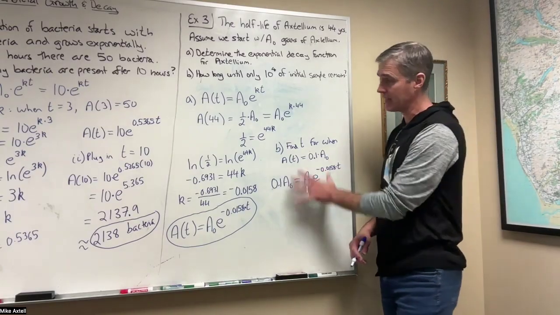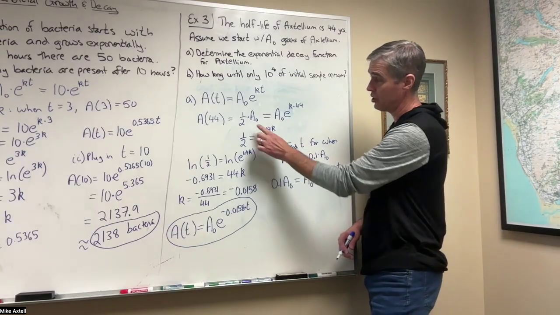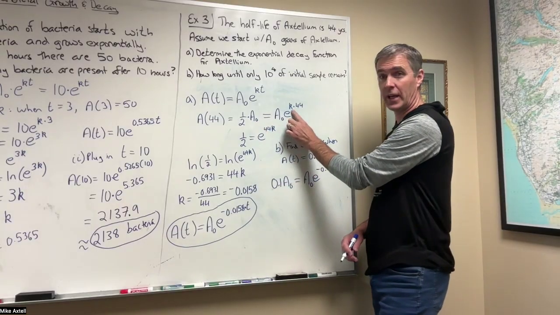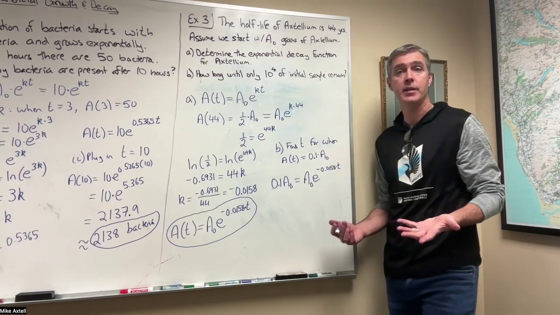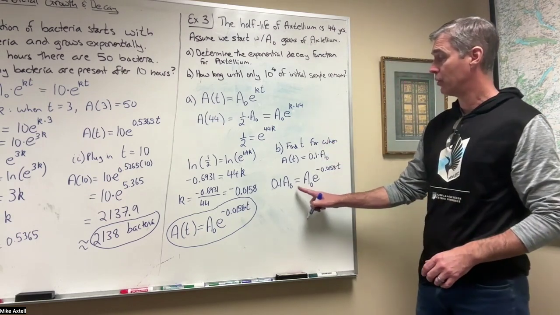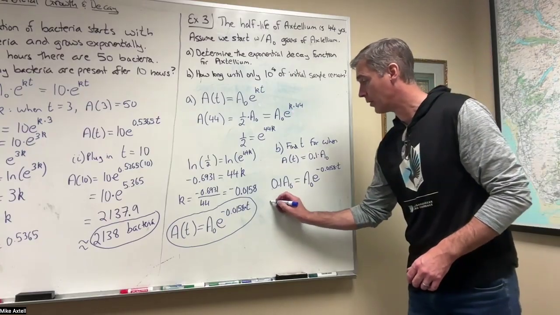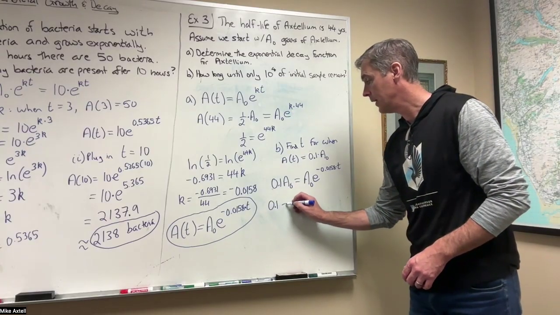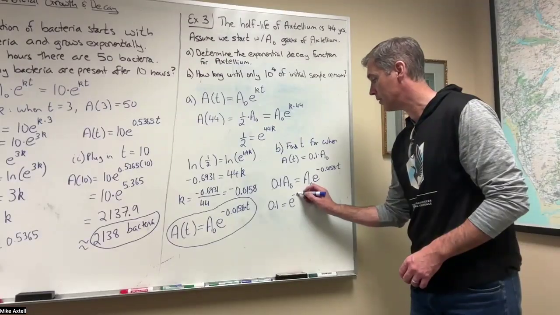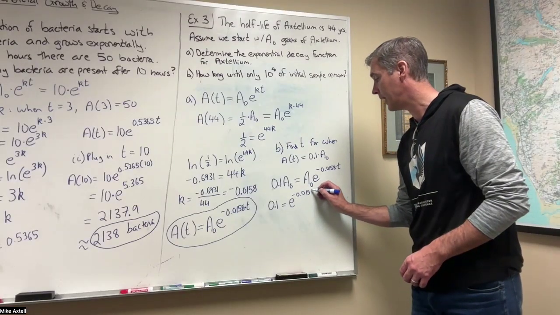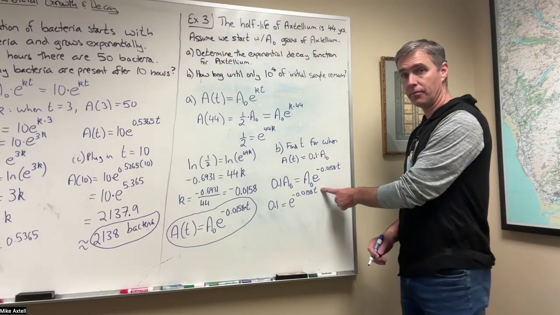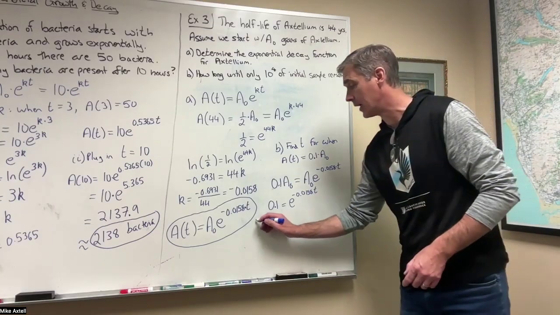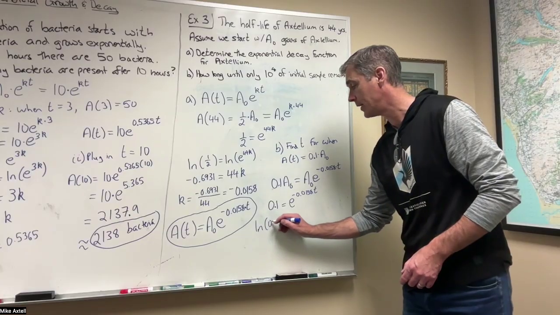And it's almost an identical computation to what I had up here when I was trying to solve for k. My one unknown is up in the power. So I'm going to go through the same steps. First, I'll divide both sides by A0. So that will give me 0.1 equals e to the minus 0.0158 t. I need to get at the power, so I'm going to destroy the e by taking a natural log of both sides.